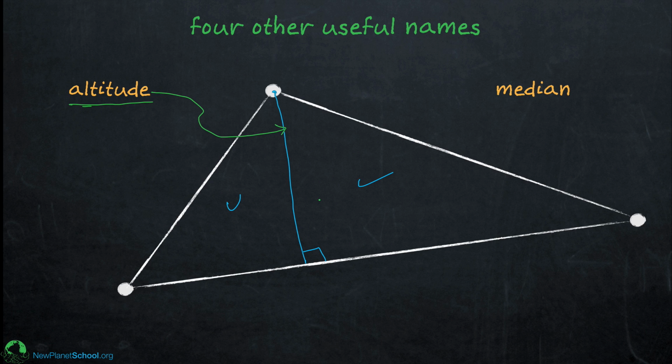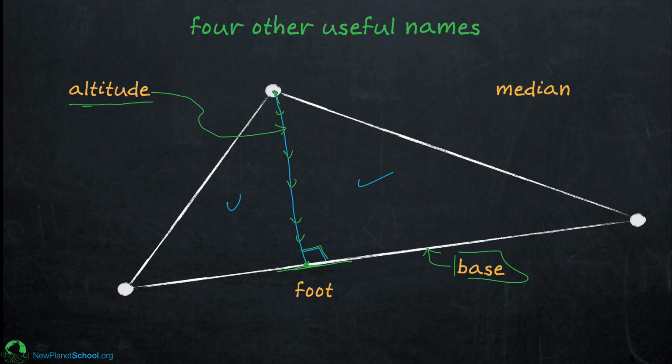The other word that goes with altitude is the base. And the base refers to the side opposite the point that formed the altitude. So if I start with this point and I draw a line, imagine this is like an arrow, I'm walking along until I get to the other side and I form this right triangle. The side that it hits is called the base.